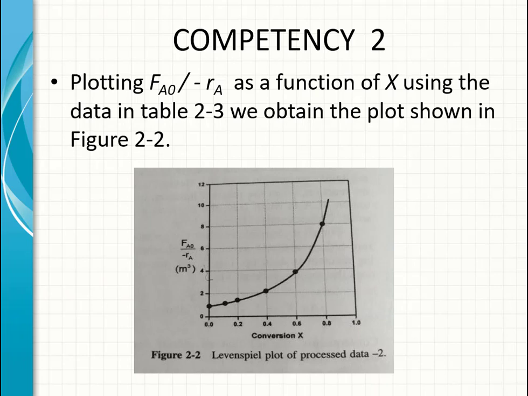So, in the vertical axis, FA0 divided by minus rA, and in the horizontal axis is the conversion X. And this is a Levenspiel plot, which we are going to see is very used in the next problems.